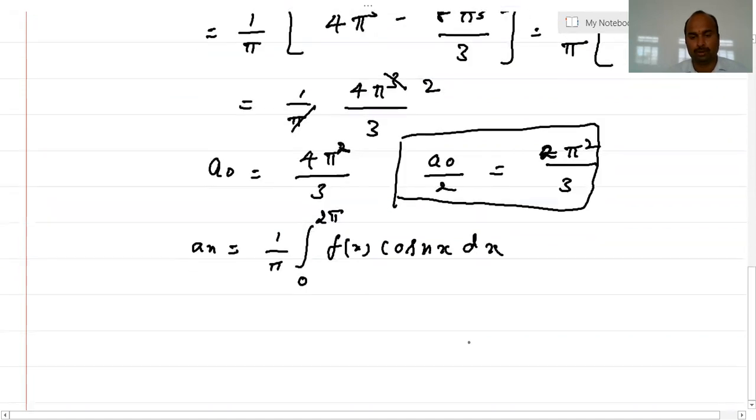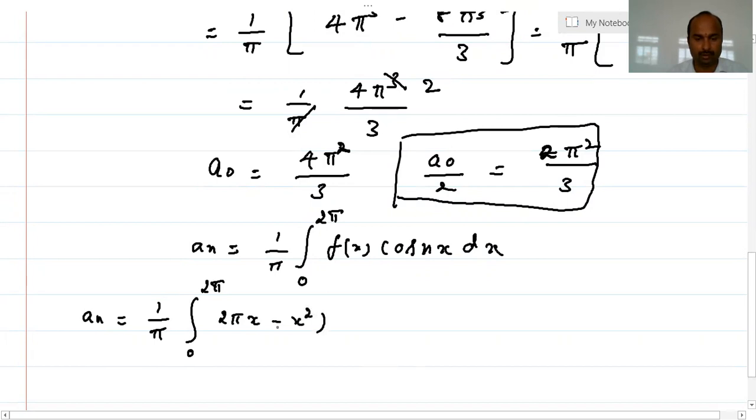So now you substitute the function here. I'll start from here. That is an is given by 1 by pi into integral from 0 to 2 pi. F of x is 2 pi x minus x square into cos nx dx.